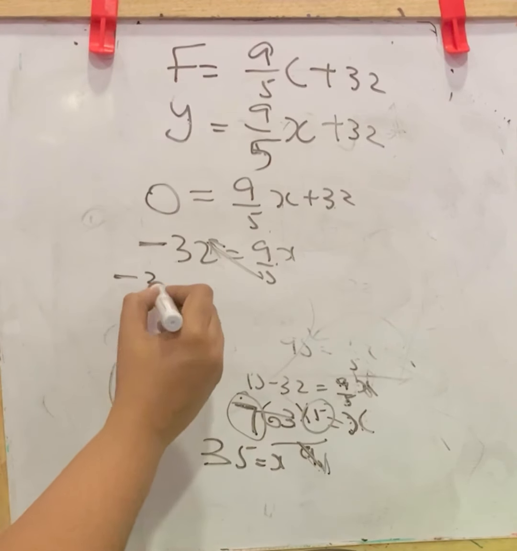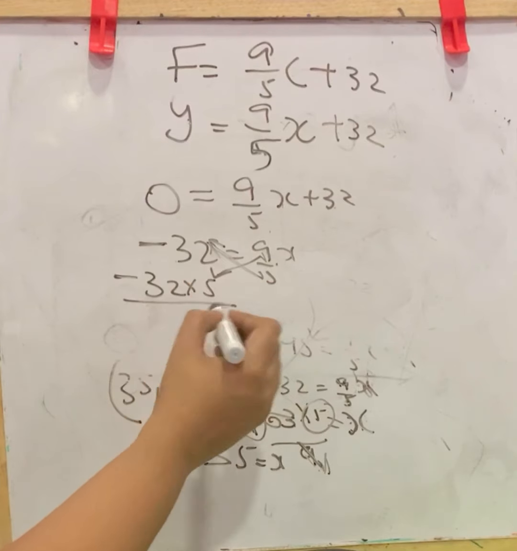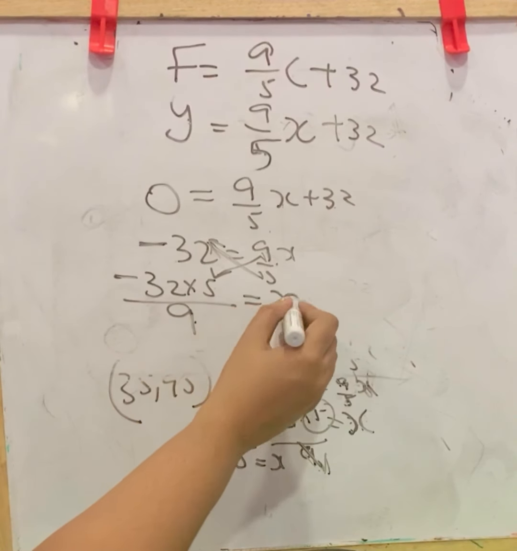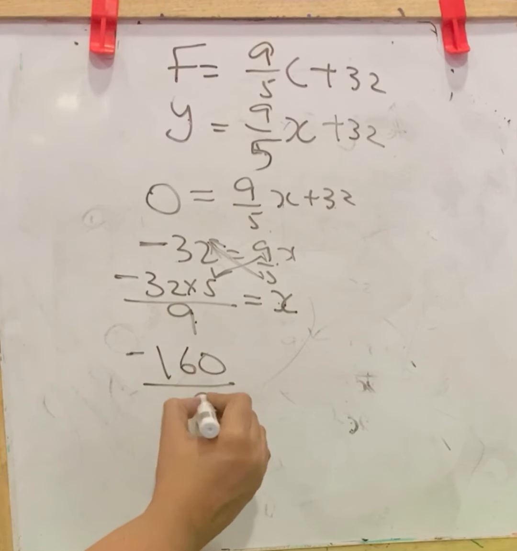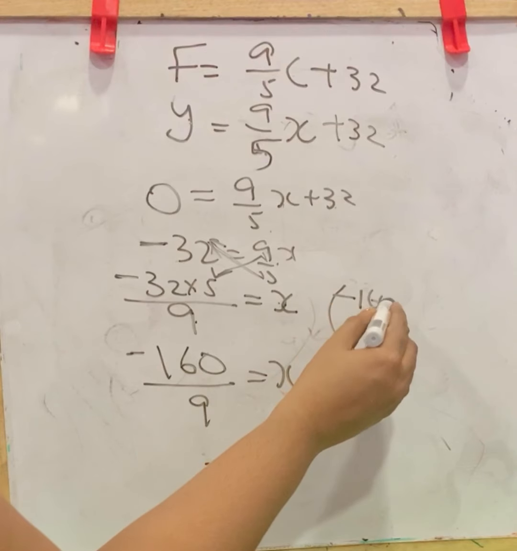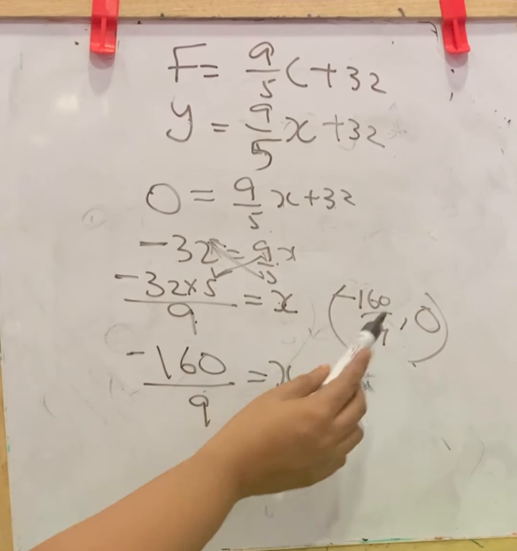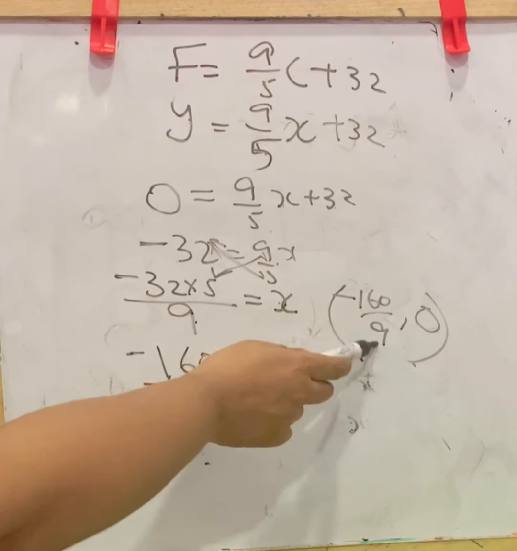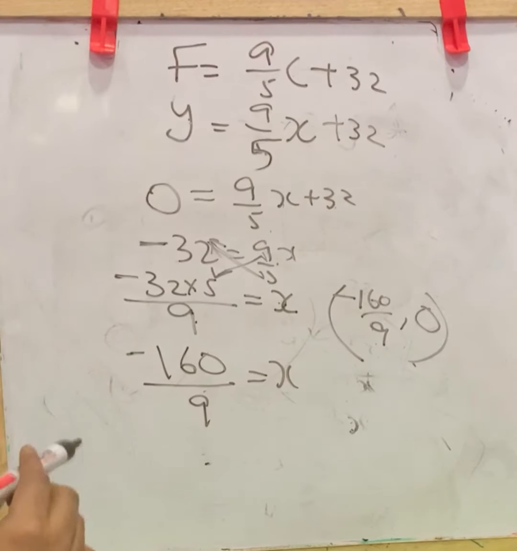So minus 32 into 5 whole division 9. This 9 taken to LHS goes to denominator, equal to x. 32 into 5, negative 160 by 9 equal to x. So we can say minus 160 by 9 comma y is 0, x comma y. Here if you want you can make it decimal, that is divide 160 by 9. You can do it, or you can keep it like this.